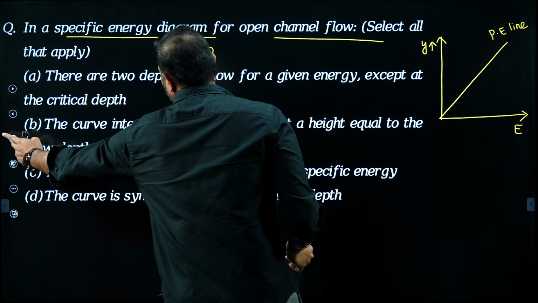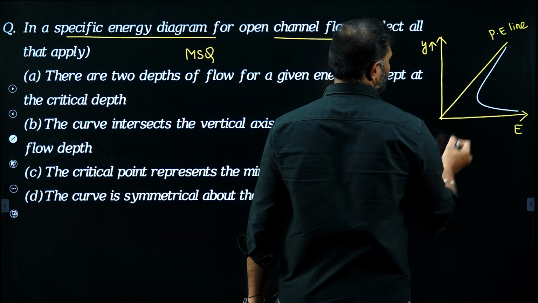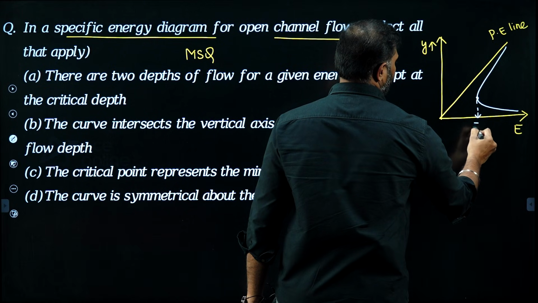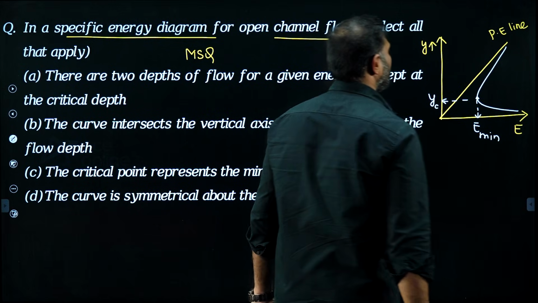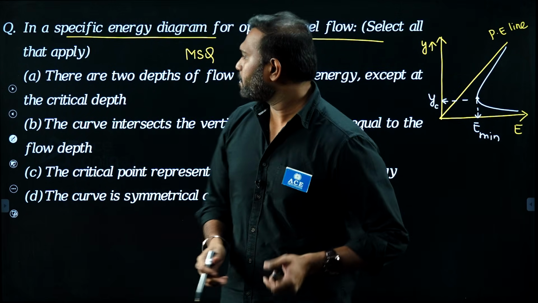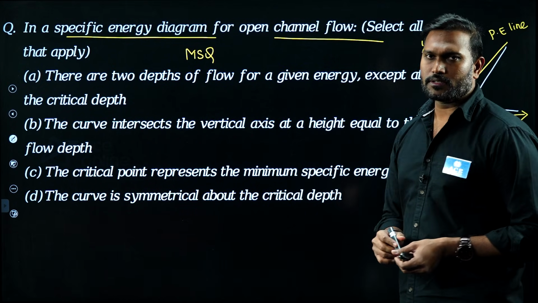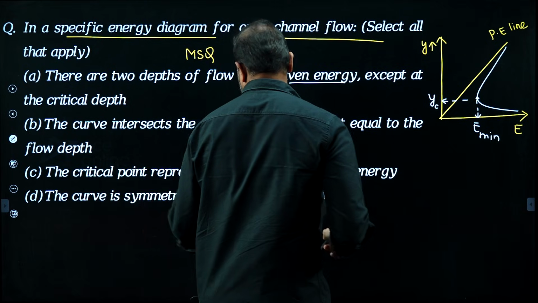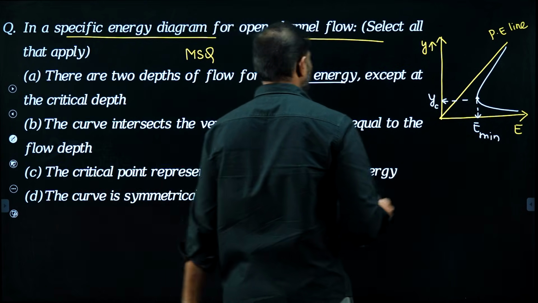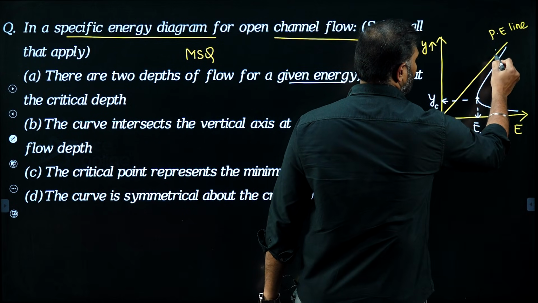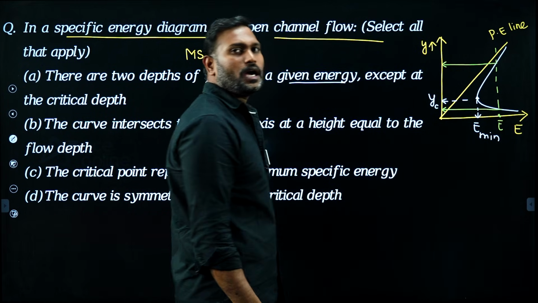The curve looks like this, where this point is E minimum, and the depth corresponding to it is the critical depth. Let's see which options are correct. There are 2 depths of flow for a given energy except at the critical depth. Yes. For a given specific energy other than E minimum, if you drop a line, there exist 2 depths, and we call them alternate depths.